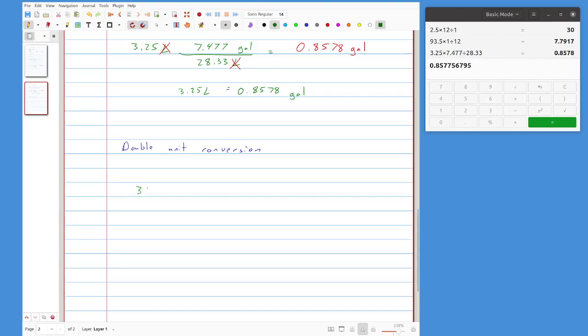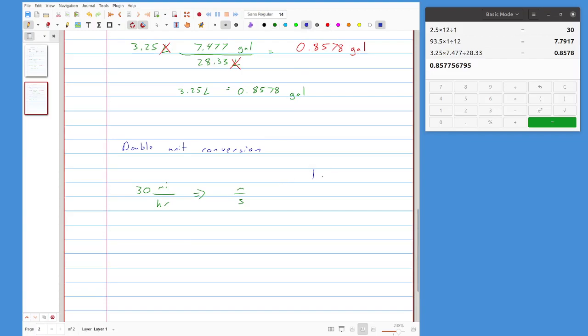Let's say 30 miles per hour. And I want to put that into the standard physics units of meters per second. I'm going to have to convert miles to meters and hours to seconds. So I need 2 different conversion factors in order for this to work.